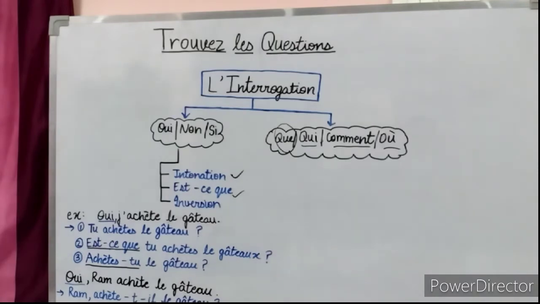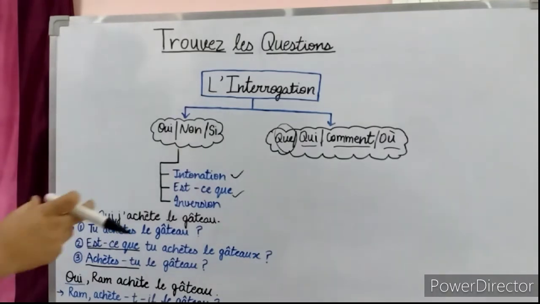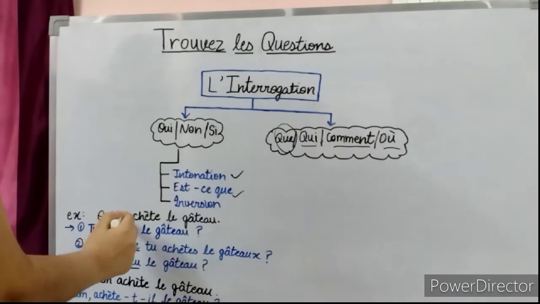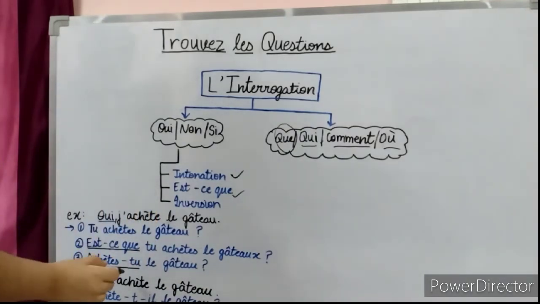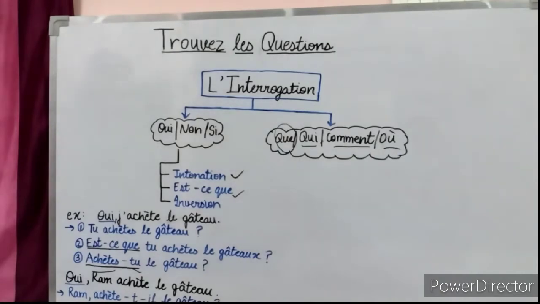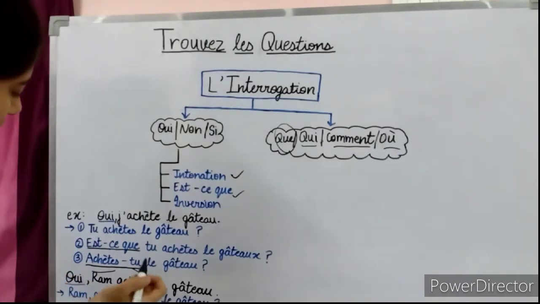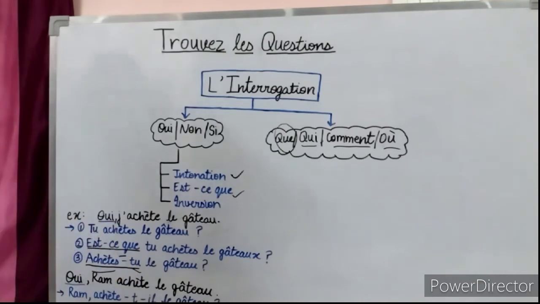In the inversion method, you have to reverse the subject and the verb: you write the verb first and then the subject, and you write them with a hyphen. So, achètes-tu le gâteau?